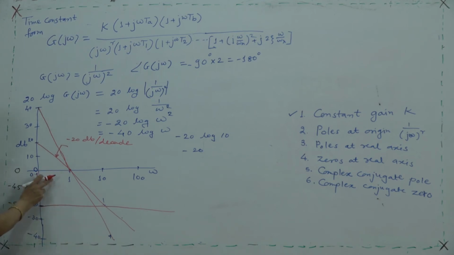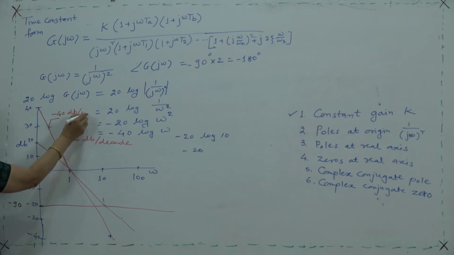So, what is the slope of this? Within one decade the change is minus 40 dB. So, the slope of this line is minus 40 dB per decade. Is it okay? So, now you generalize it. How will you generalize it?